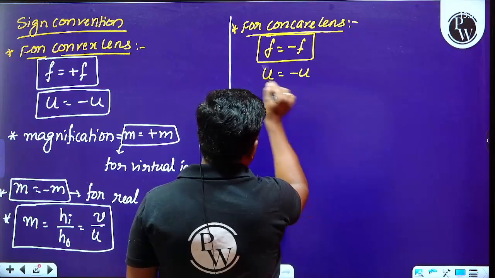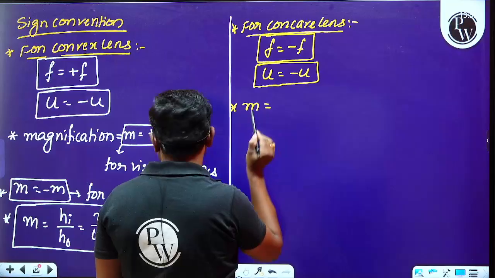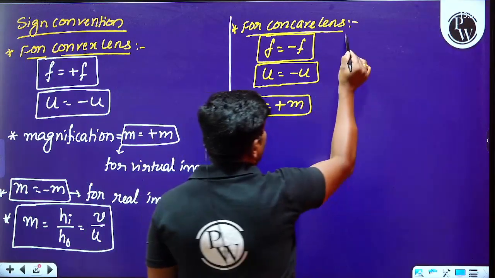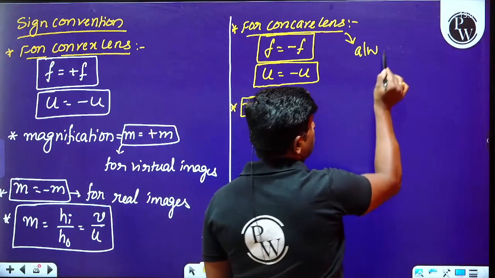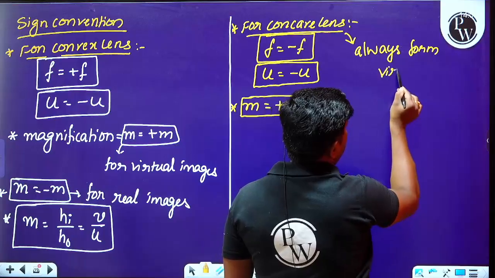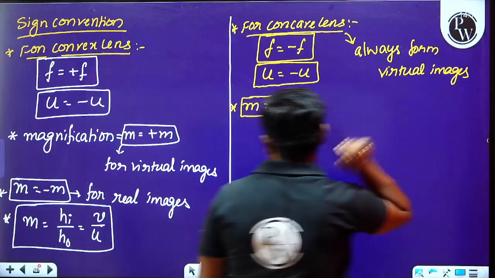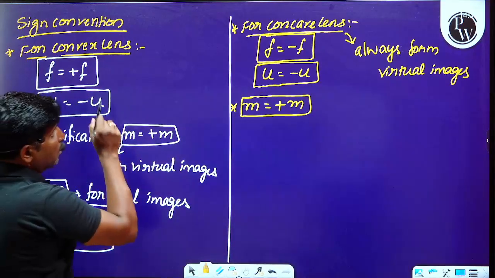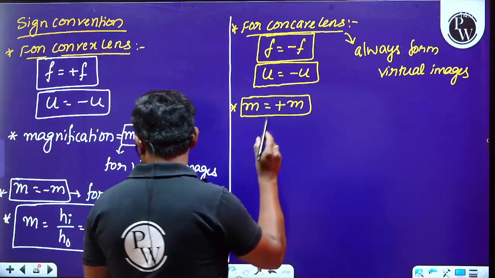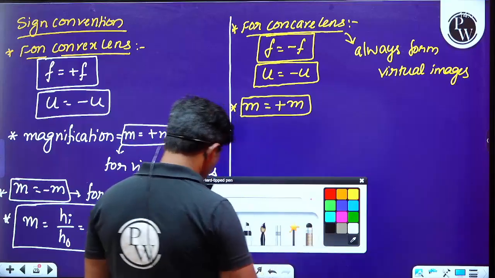Object distance is minus u, and magnification m is, not minus, it is a plus m, because concave lens always forms virtual images. Is it clear? But convex lens will form both virtual images as well as real images. That we have to remember clearly. Is it clear? So like that we have to understand and we have to apply the sign convention.